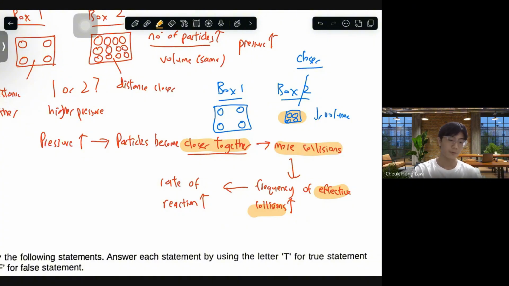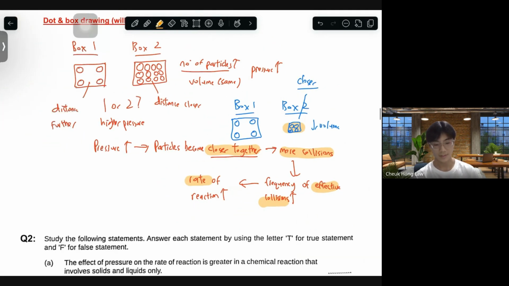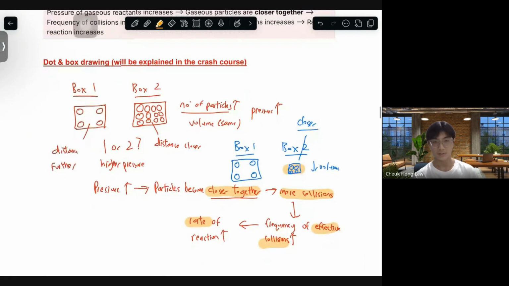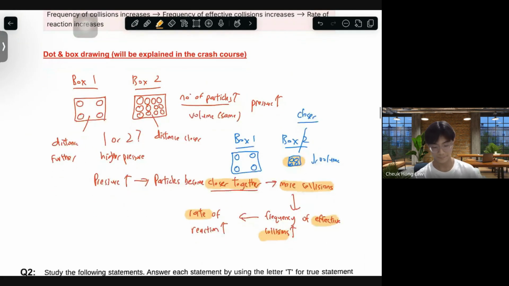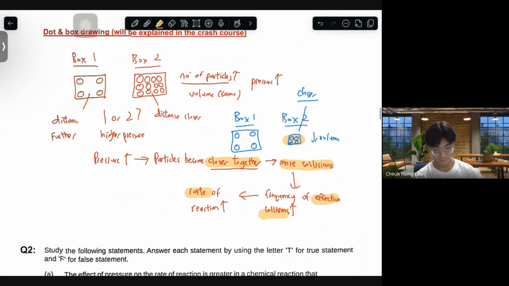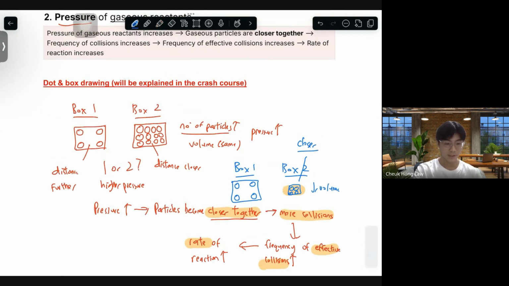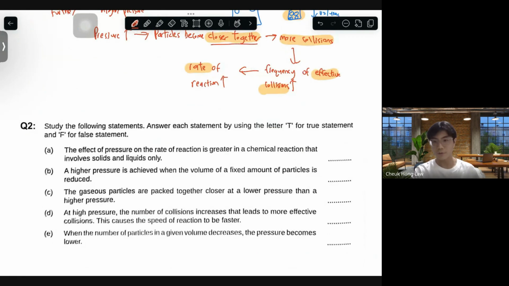So if you have more of those, you have a higher rate of reaction. So that's how we explain pressure affecting rate of reaction. By the way, you only explain like that usually when the question asks you to use collision theory.